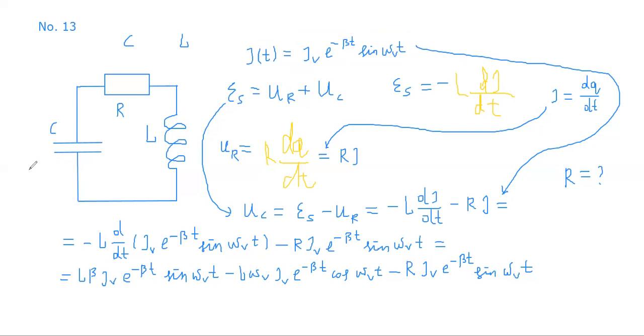And we can remember, yes, we can use this. We have that beta is equal to R divided by 2L.